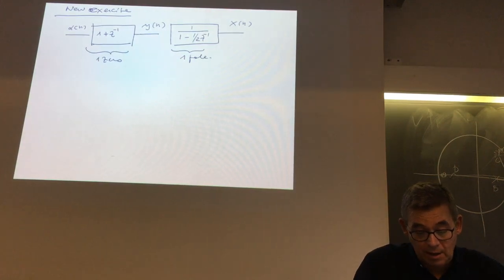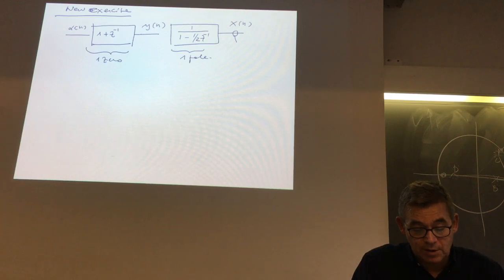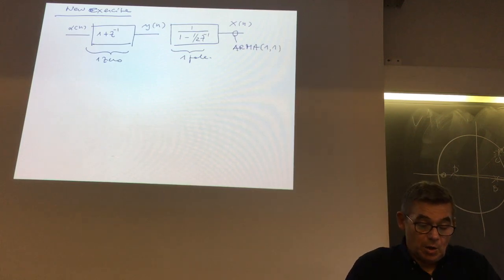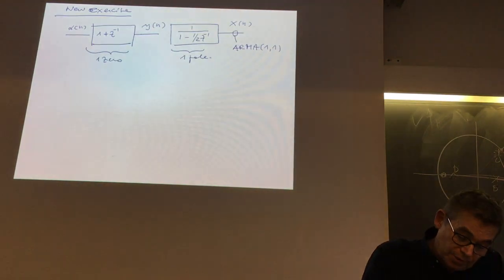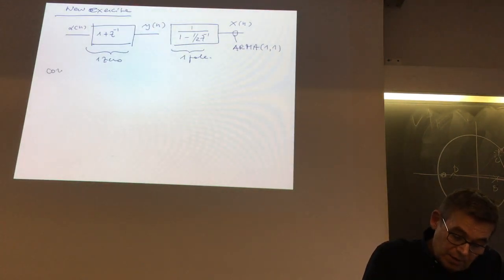Then my outcome would be a random process that is autoregressive order 1, ARMA 1, 1. Question: compute the autocorrelation of x. So calculate Rxx k.